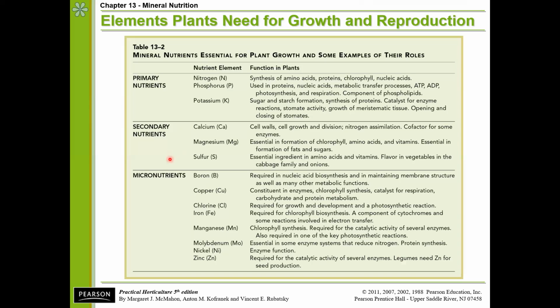And for some plants like brassicas and alliums, your cabbages and onions, it does impart that sulfury flavor, which in large doses is not a pleasant thing, but in small doses can add a lot of flavor to your foods. But sulfur is also very important in playing a role in maintaining the pH of the soil too.